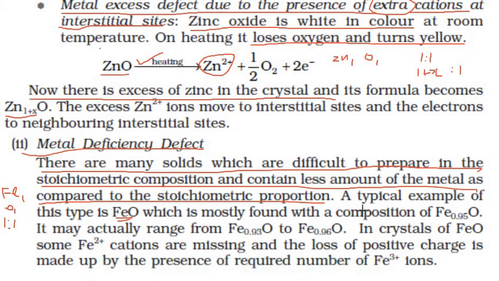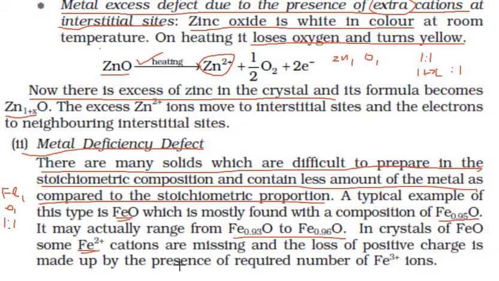But what we actually found is Fe 0.95 O. Instead of 1, there is less amount of Fe plus 2 ions present. Sometimes it ranges from Fe 0.93 O to Fe 0.96 O. So if you are taking FeO, it may have less Fe plus 2 ions present in the crystal.